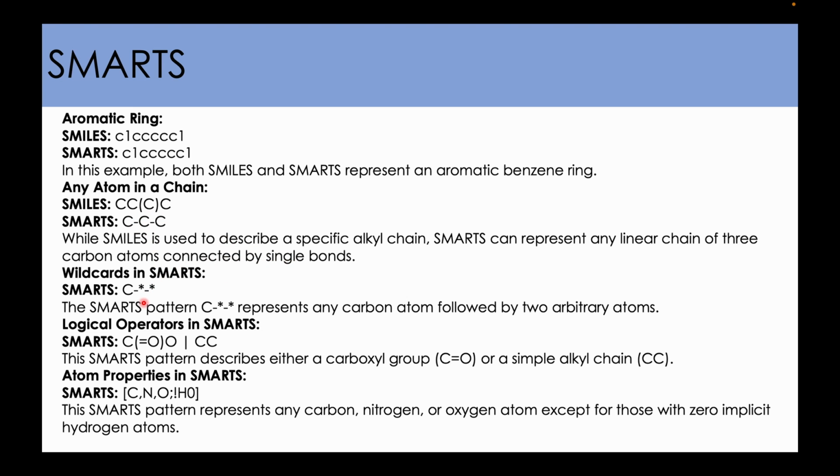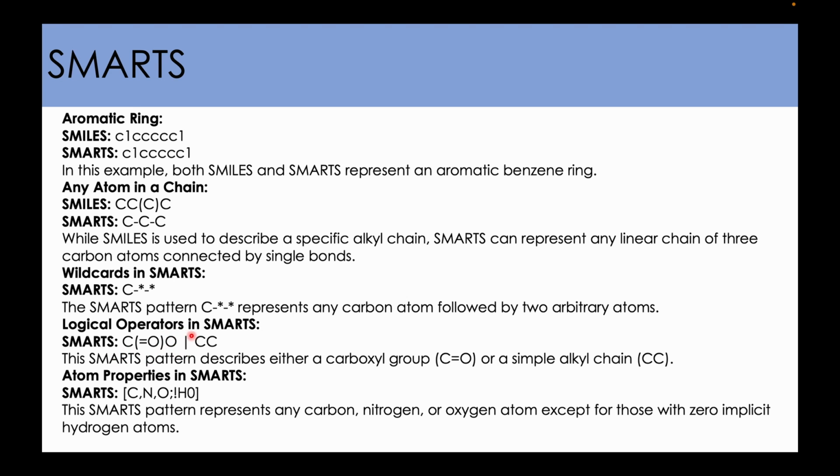Regarding wildcards in SMARTS, the pattern over here represents any carbon atom followed by 2 arbitrary atoms. So basically it's not specific, you just need to have 1 carbon, and you can have 2 arbitrary atoms with this type of notation. Logical operators in SMARTS, so you can have this or and operator.